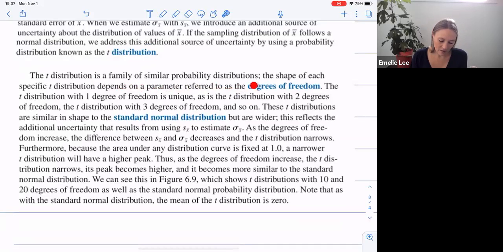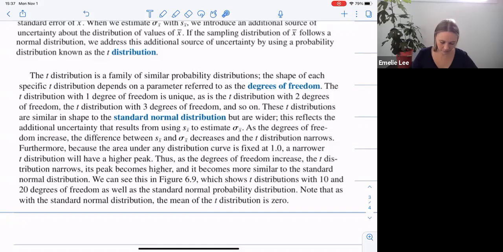And then the shape of the specific t-distribution depends on a parameter referred to as the degrees of freedom. So you can have a distribution with 1 degree of freedom, which means your sample size is what? 2, right? You could have 2 degrees of freedom, which means your sample size is 3, and so on and so forth.